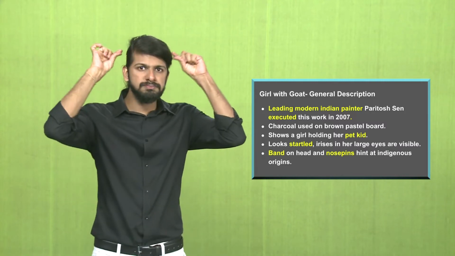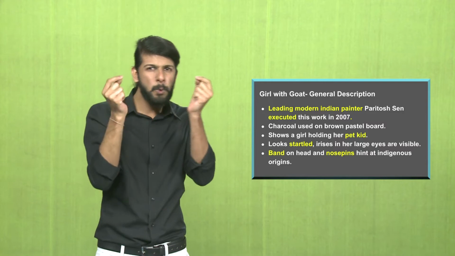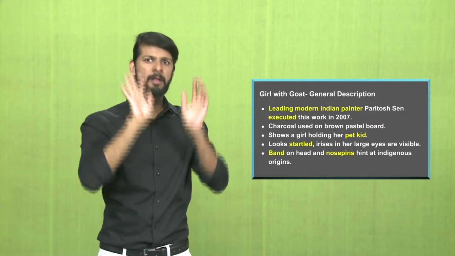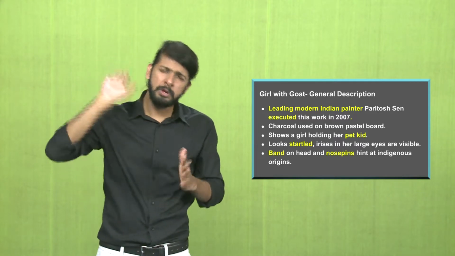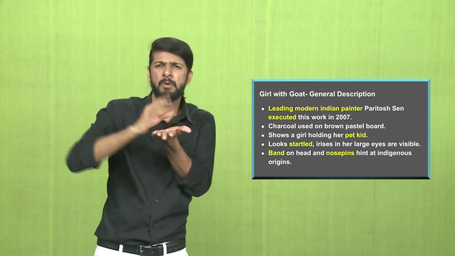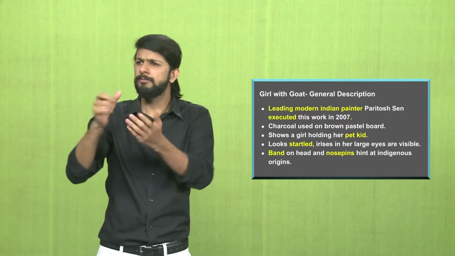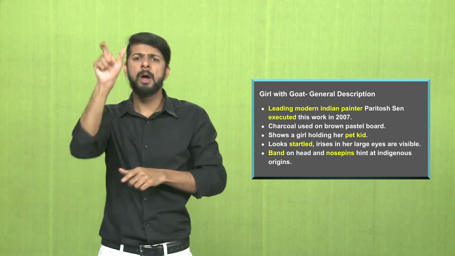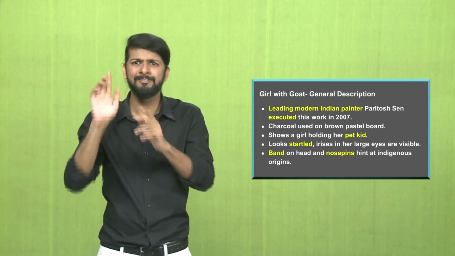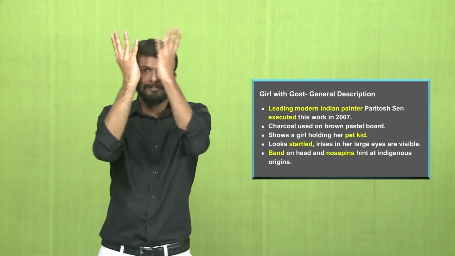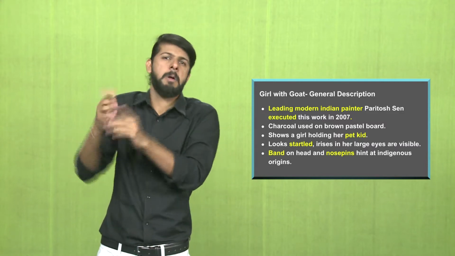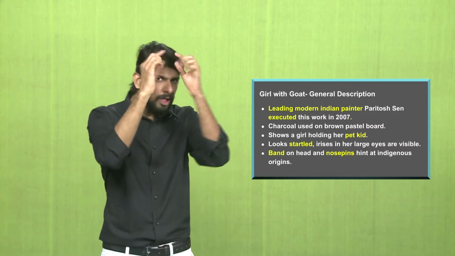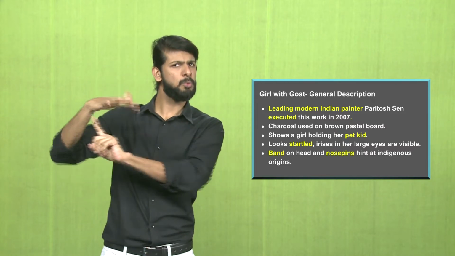You would also identify there is a band on her head and nose pins, which hint that maybe at the time when Paritosh Sen was executing this work, the girl belonged to an indigenous or rural, tribal kind of background, and that is what this artwork hints because of the band and the nose pins.